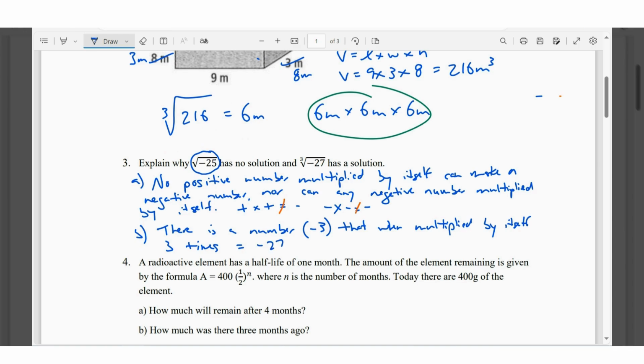So that's why it has a solution, because a negative times a negative times a negative does equal a negative. And maybe it'd be easier if you wrote it like this, neg times neg equals a negative. That might be a little bit easier for your notes.